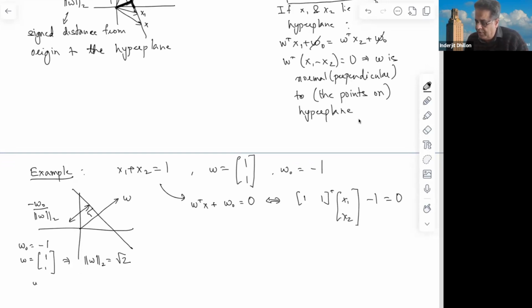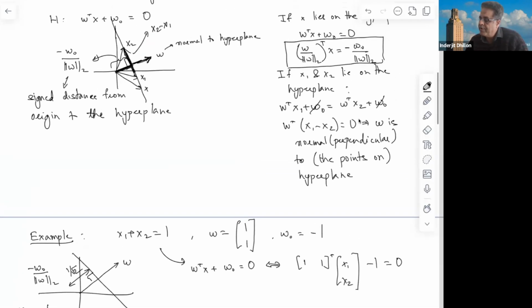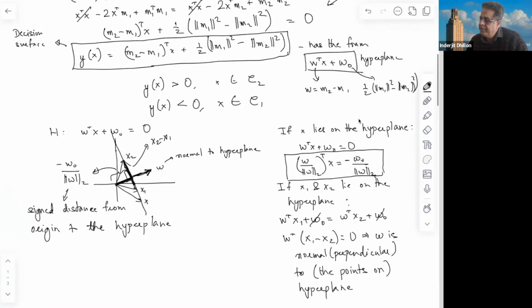And so minus W naught divided by norm of W is equal to 1 divided by square root 2. So hopefully that's clear. Any questions on what I've done?